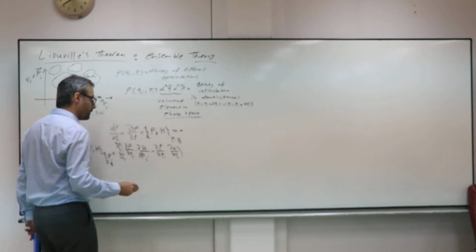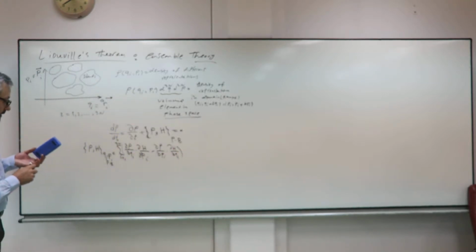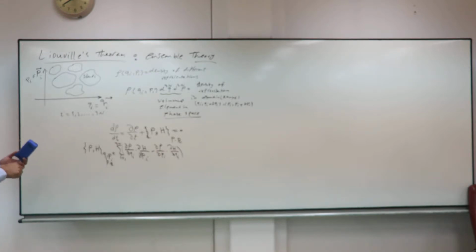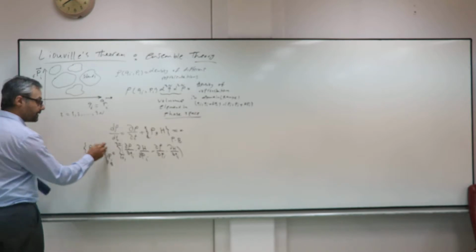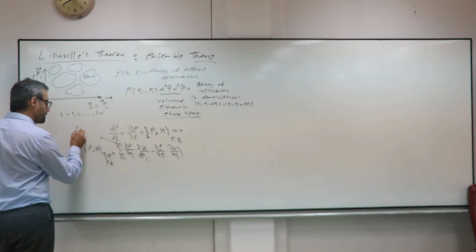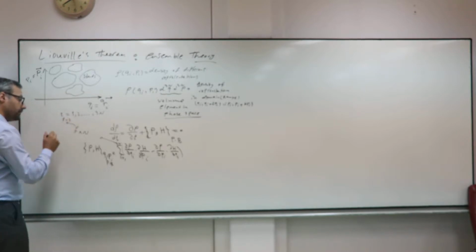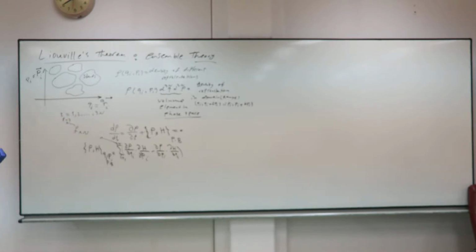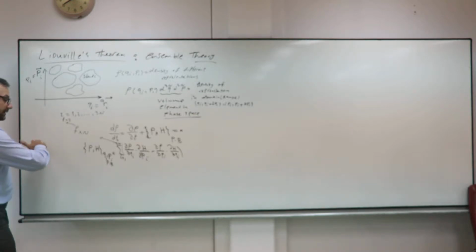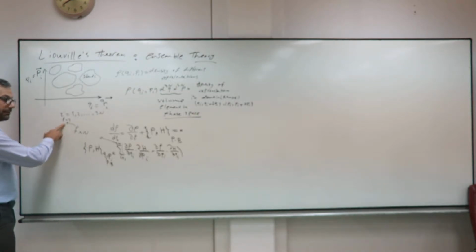We call this the Poisson bracket. This 3N is the number of degrees of freedom of the system multiplied by the number of particles, so f multiplied by N. In your case f is 3, but maybe you have a one-dimensional gas, so f will be 1, or a two-dimensional gas, like graphene in condensed matter. That is just a surface, so you have f equal to 2. But for a normal gas, f is 3.